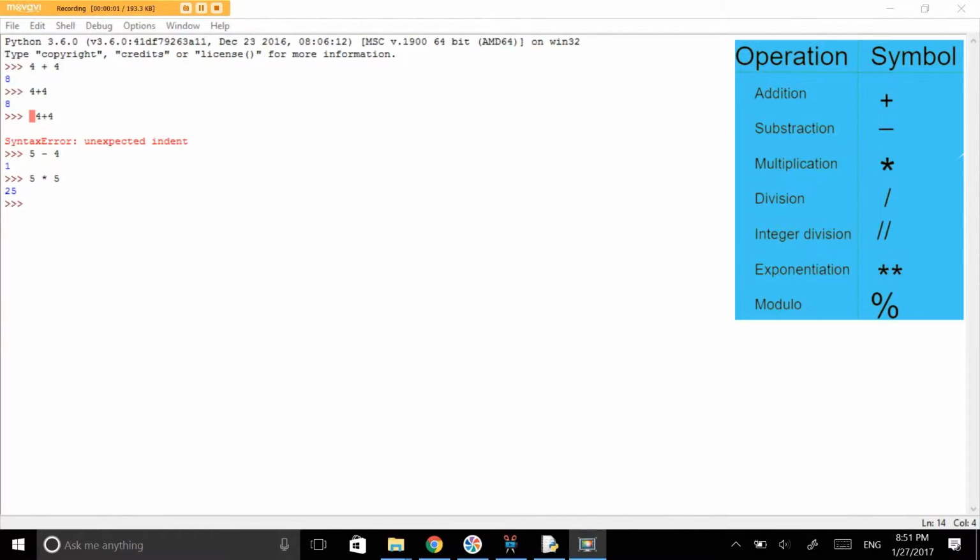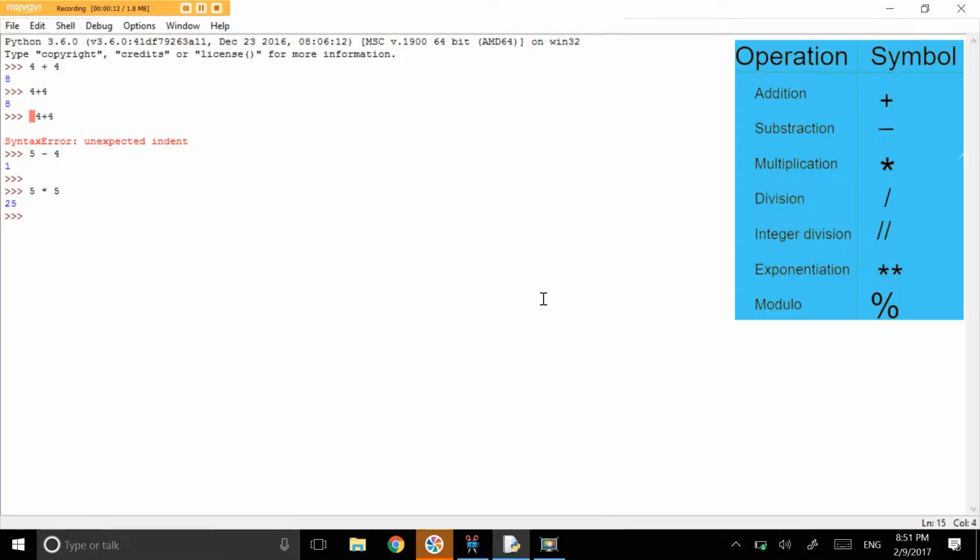Hopefully all the stuff that we've done so far has been easy for you. Division and all the other operations that I'm going to show you today are going to be a bit trickier than that, since Python has its differences from what you would do in your math class. The first and probably the most important difference is that in Python there are two types of division: integer division and simple division.